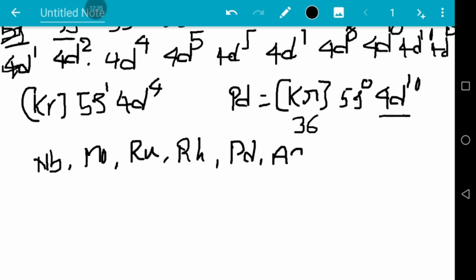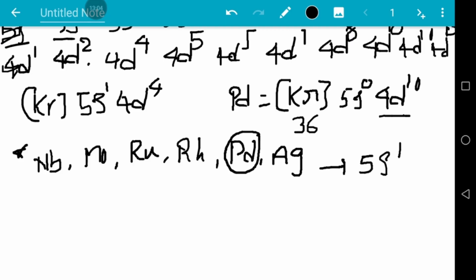Except palladium, the remaining have 5s1 configuration. You have to remember this. In the 3d series, the 4s1 configurations are copper and chromium. Same like that, here in the 4d series these elements have 5s1 configuration.